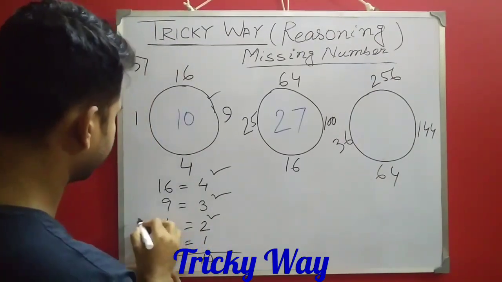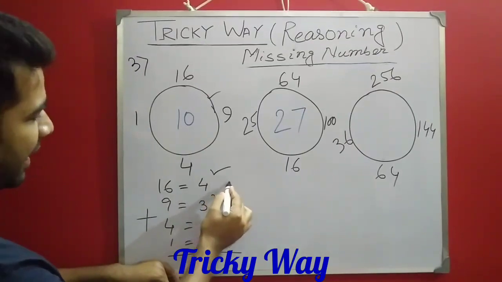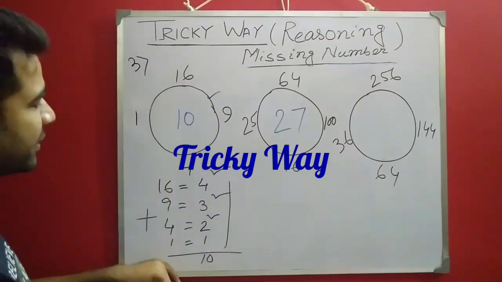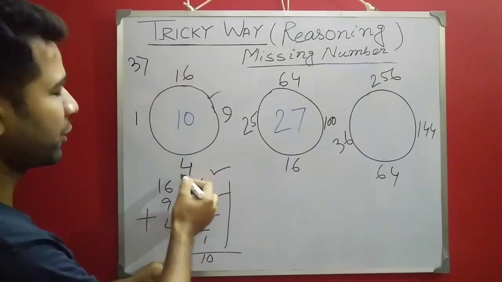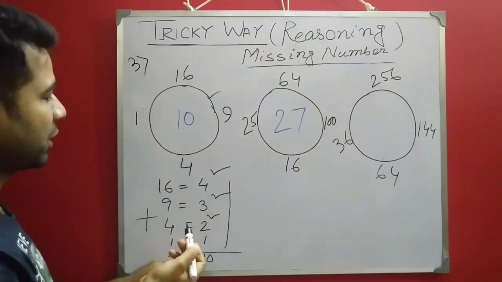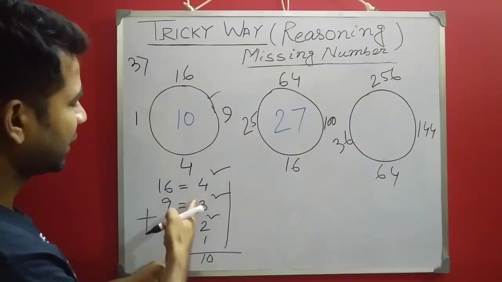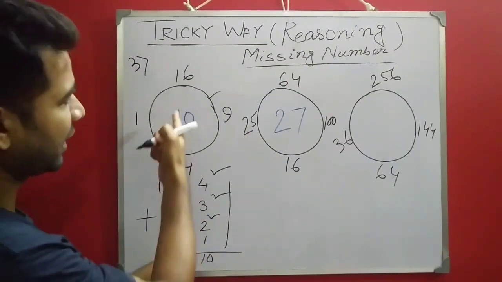We just add the values: 4 square equal to 16, 3 square equal to 9, 2 square equal to 4, 1 square equal to 1. So we just add those values, which means 10.